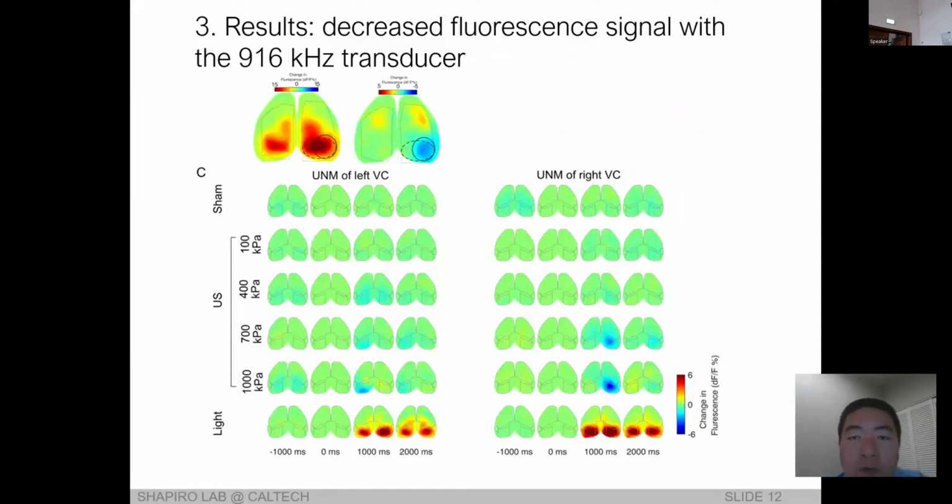We delivered ultrasound through the TPX window to the visual cortex with different ultrasound pressures, ranging from 100 kPa to 1 megapascal. However, we didn't observe any direct activation at the focus. Instead, we observed the decrease of fluorescent signal.